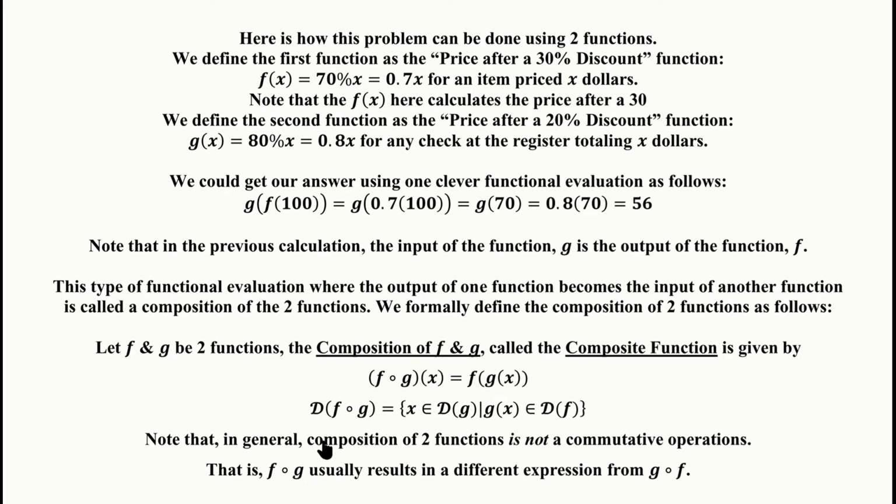Now the domain of f circle g is going to be a little bit more complex than we're normally used to, but it'll make sense if you think about it for a minute, because it says it's all x in the domain of g. Why? Because we have to calculate g of x first, right? Such that g of x itself is in the domain of f, because otherwise, if this were not in the domain of f, we wouldn't be able to compute f of g of x.